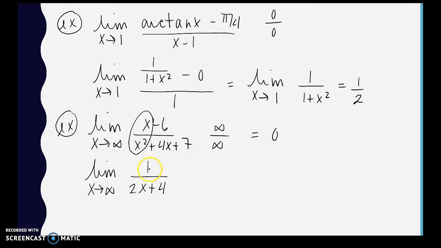And now notice L'Hopital's doesn't apply anymore. It's not like you could derive the top and get a derivative of 0 divided by 2. It has to be one of those two indeterminate forms. So now when I go to evaluate the limit, when x approaches infinity, I know that as my function gets bigger in the denominator, the limit will approach 0. So you can use it even when we don't really even need it.